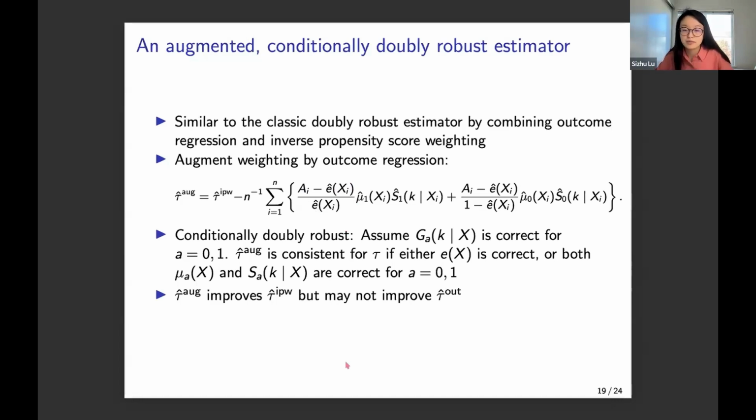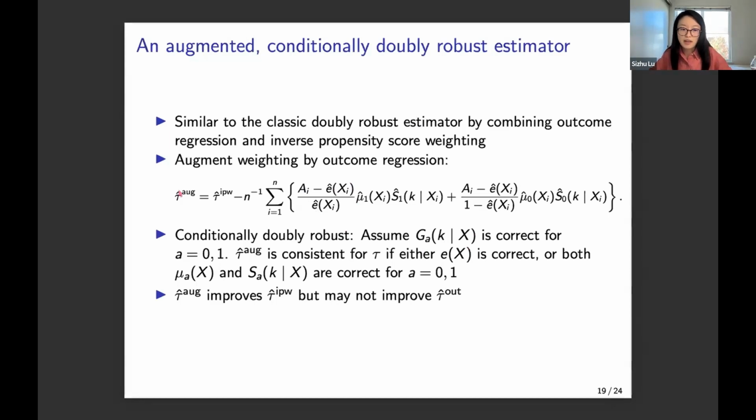What does it mean? It means we have to assume that the censoring, the conditional distribution of the effective and informative intercurrent events, is correct. Under this assumption, this augmented estimator will be doubly robust in the sense that it is consistent if either the propensity score is correct or both of the two outcome models are correct.